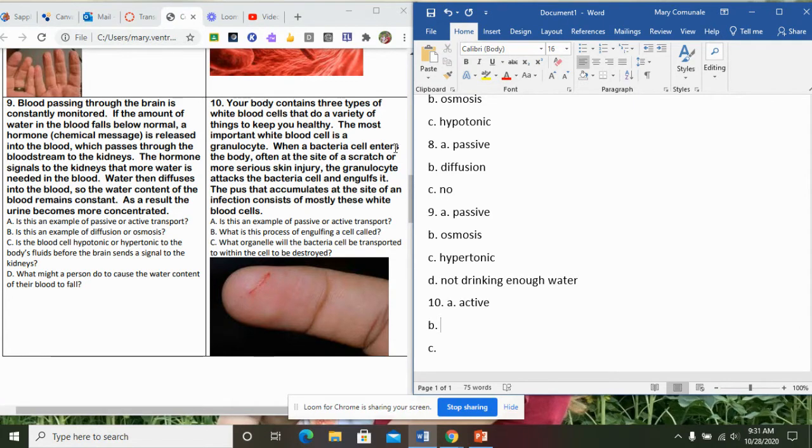What is the process of engulfing a cell called? We could say endocytosis or phagocytosis if you want to get really specific with it. What organelle will the bacteria cell be transported to within the cell to be destroyed? The organelle that is our cleanup crew is our lysosomes.